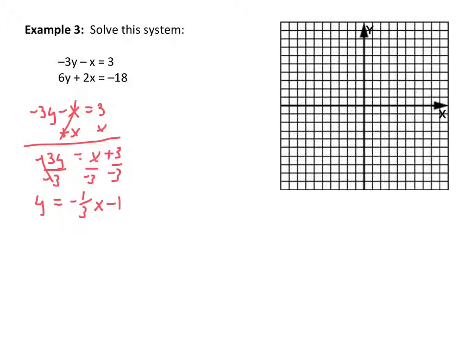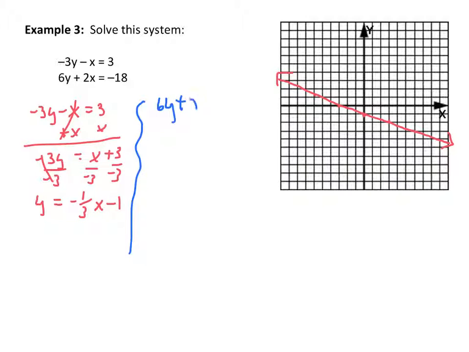So I'm going to go ahead and graph that. At negative 1 is my y-intercept, and then a slope of negative 1/3, so down 1 over 3, down 1 over 3. So I'm going to continue and graph this line. Okay, so there it is. So now I'm going to solve for y on the other equation.